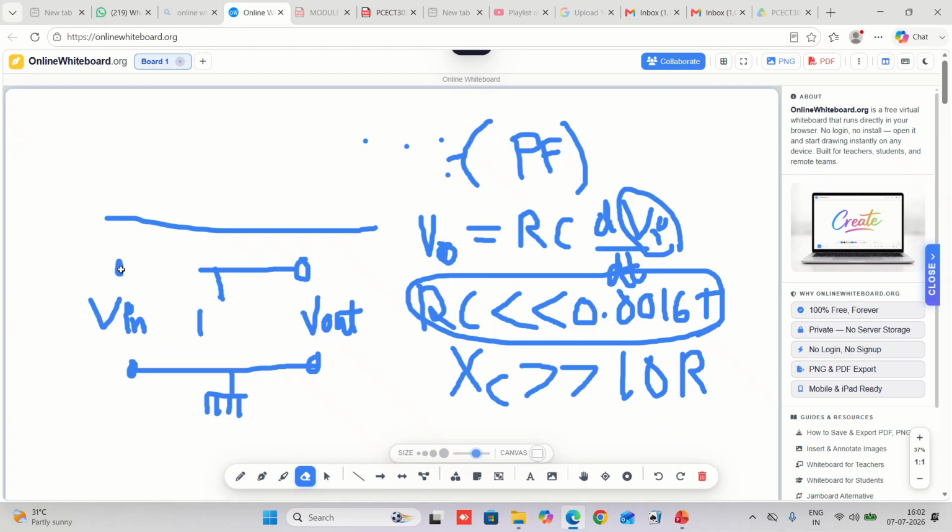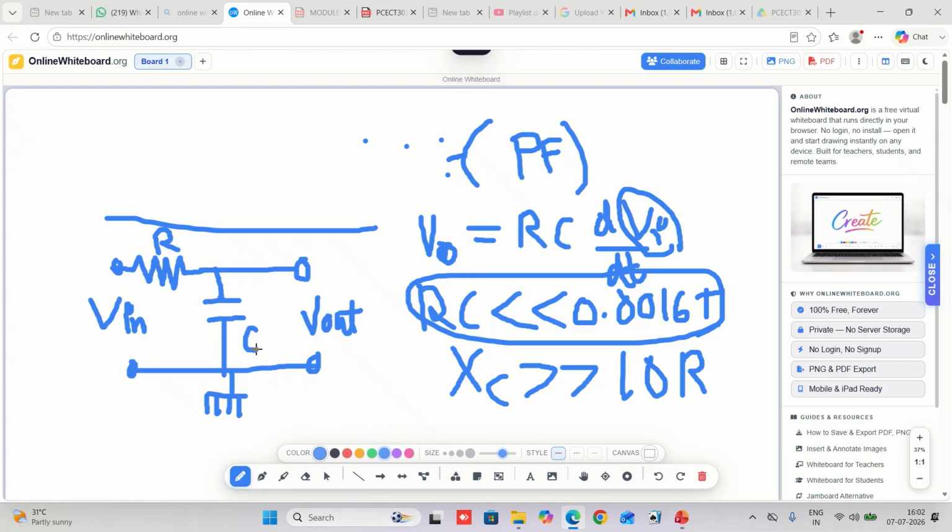Vice versa, the input is applied at the resistor and the output is taken across the capacitor. That circuit is called a low pass filter. Effectively, it is called an integrator circuit.